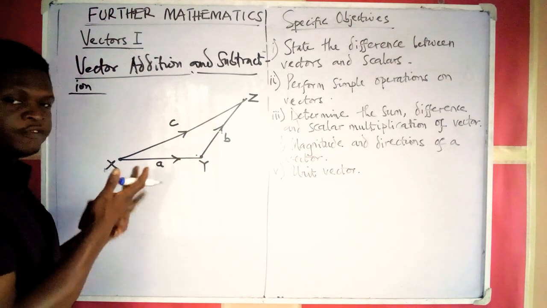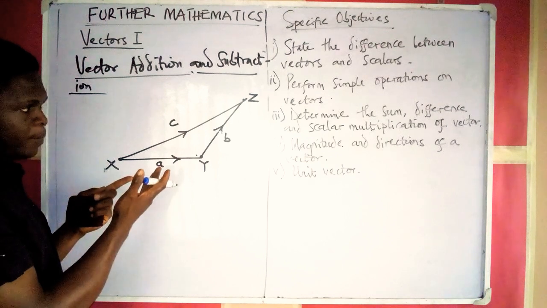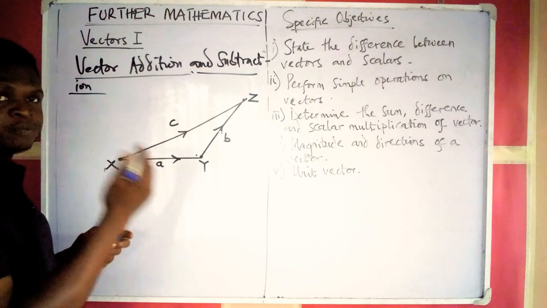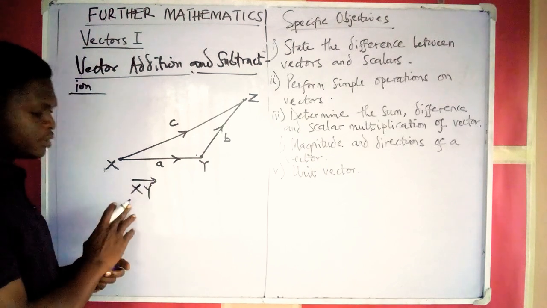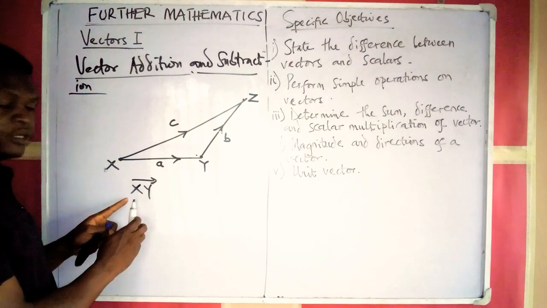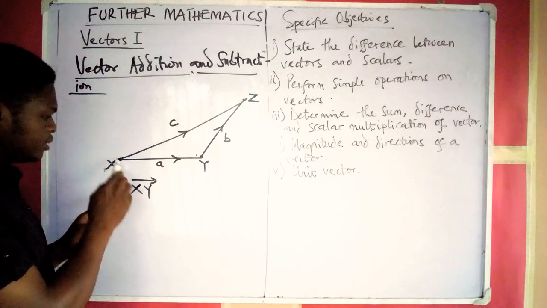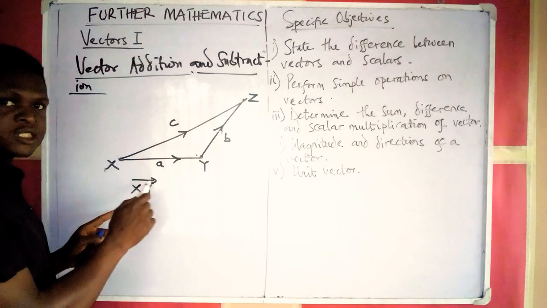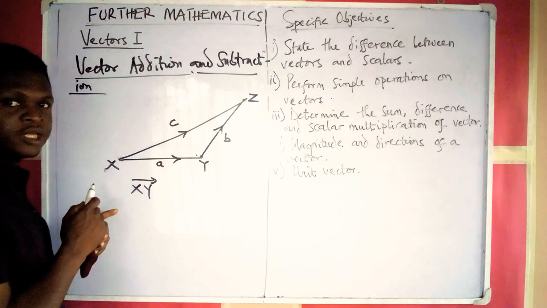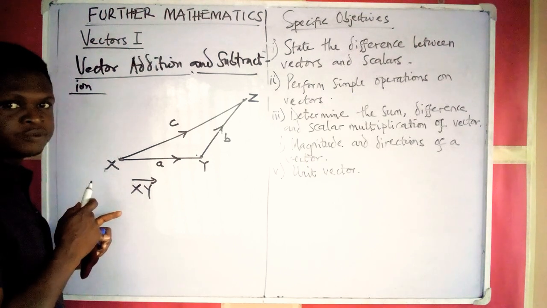So if I should apply the triangle method, what it simply means is that XY, please, this is another way we can represent a vector, using the starting point and the ending point of that vector with a small straight line and arrowhead showing the direction of that vector.